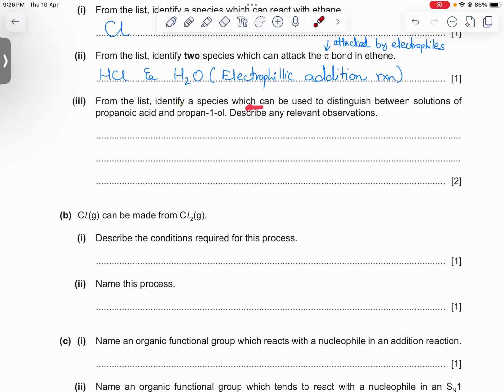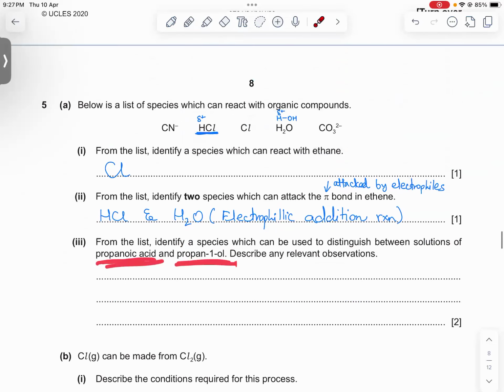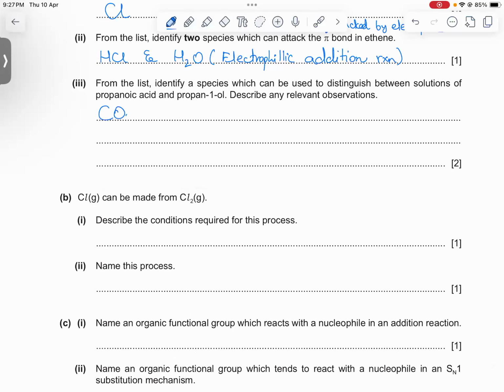Identify the species which can be used to distinguish between solutions of propanoic acid and propanol. Describe any relevant observation. So you just have to see which species reacts with either the propanoic acid or the propanol, and the answer is very simple. If you remember, carbonate ions react with acids and produce carbon dioxide, right? So we are going to say carbonate ions, CO3 2-.